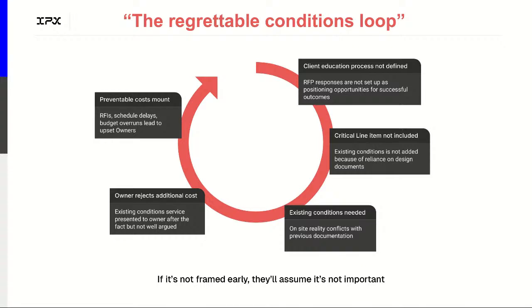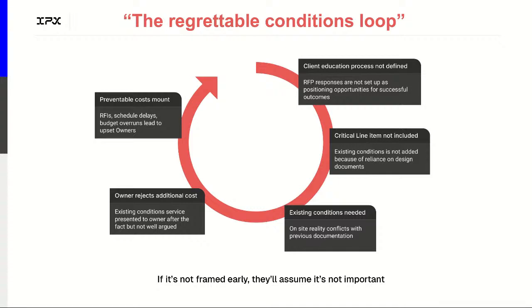And so then what happens is you go back to the client and you say, hey, we actually probably need this, since you didn't have that. And then the client's like, well, that wasn't part of the initial scope, I wasn't expecting that. Either they reject it or maybe they begrudgingly approve it. But now there's a point of friction.